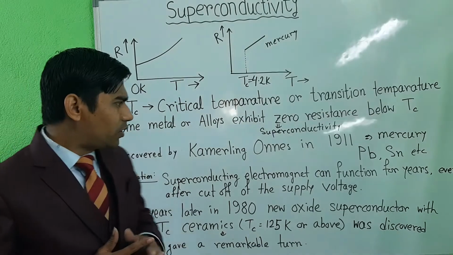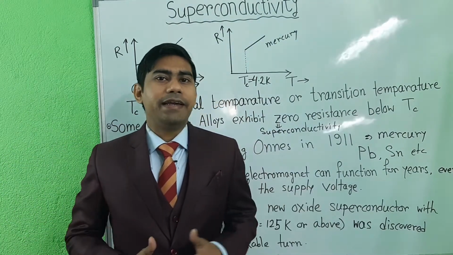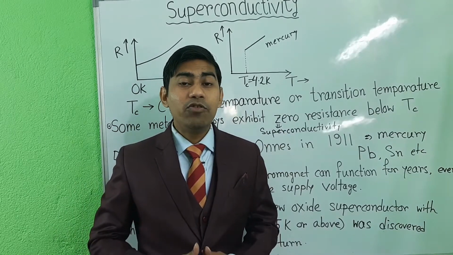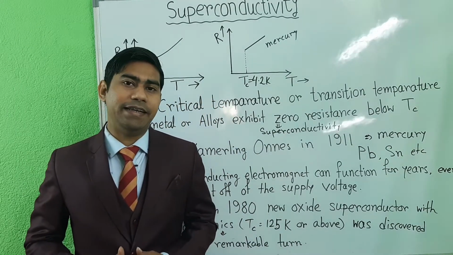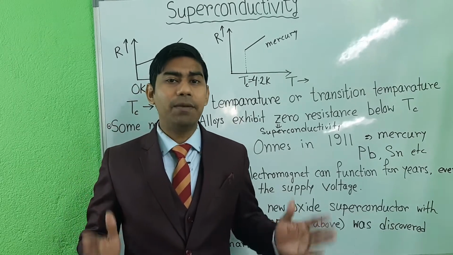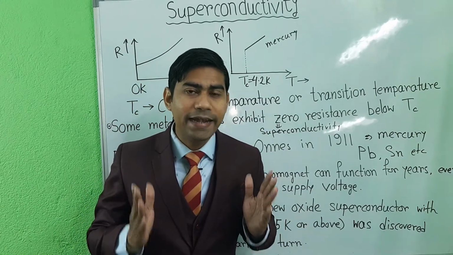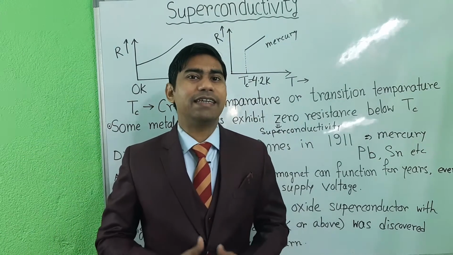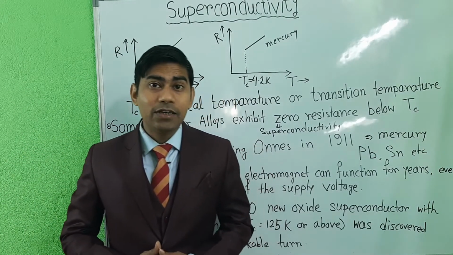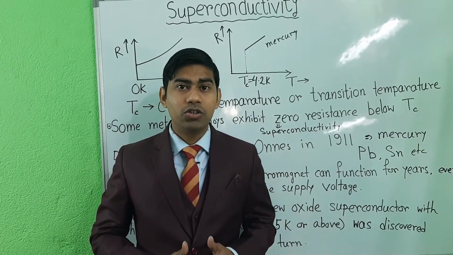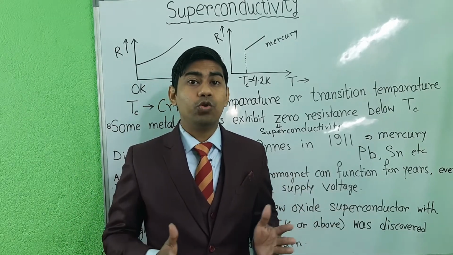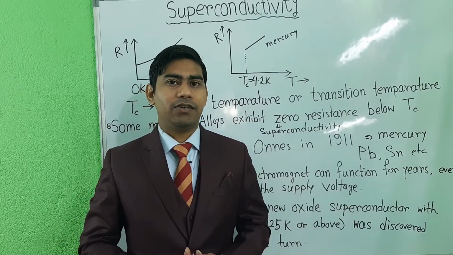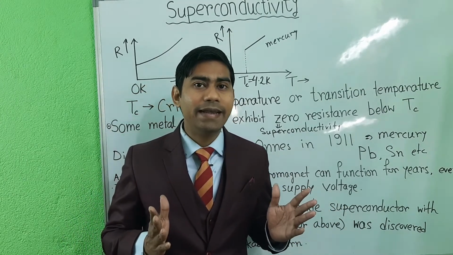Okay. Now, in the beginning, when superconductivity was first discovered, it was a curiosity among scientists. But after some time, it became of great interest because superconductors have zero resistance and negligible heat loss, so they can be used to fabricate powerful devices which consume very little electrical energy.